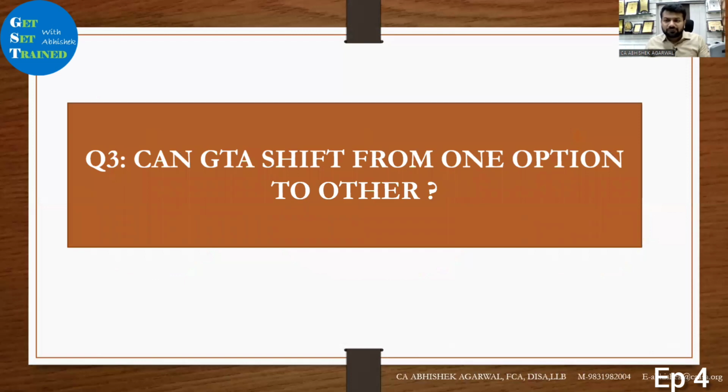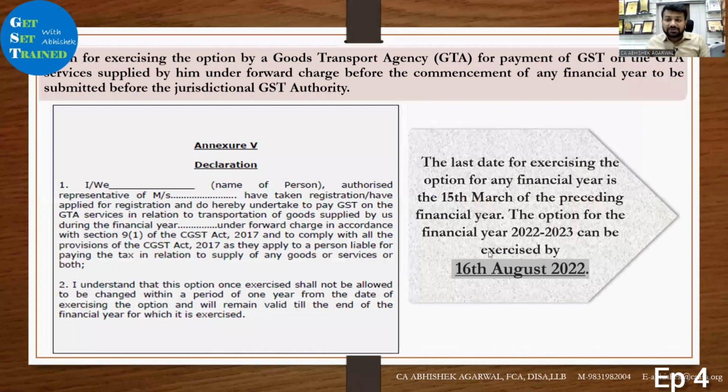So can a GTA shift from one option to another option? Since GTA has more than one option, the government has said yes, GTA can shift from one option to another, but उसको financial year start होने के पहले 15th March तक, so let's say for April 23-24, उसको 15 मार्च 2023 तक ये डिक्लेरेशन जमा करना पड़ेगा कि yes, I want to charge GST in forward charge mechanism in 5% or 12%, right? ये डिक्लेरेशन उसको गवर्नमेंट को जमा करना पड़ेगा 15 मार्च के पहले, before every financial year, if they want to shift among the options.